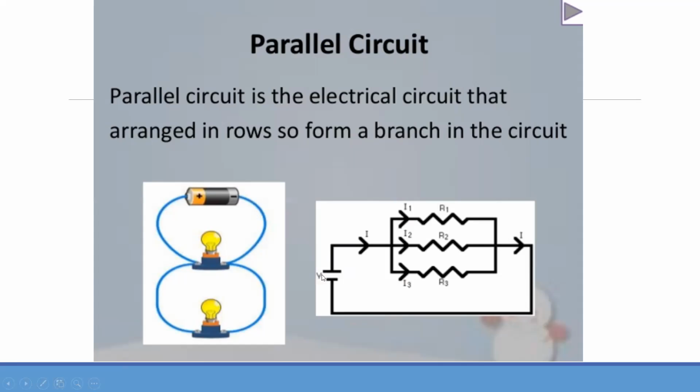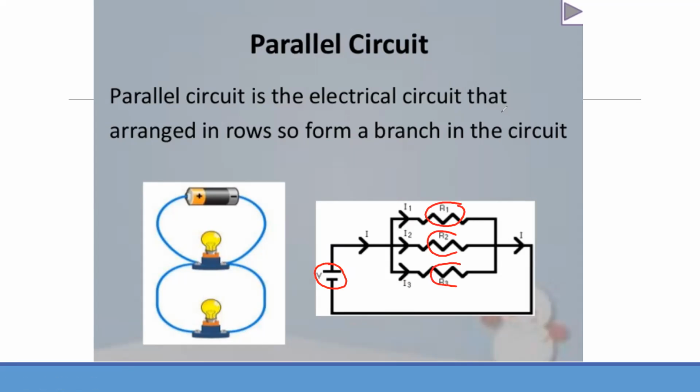We have the voltage source. This is here the voltage source. Now here we have 3 resistors or 3 lamps. This is the first one, second one, and the third one.